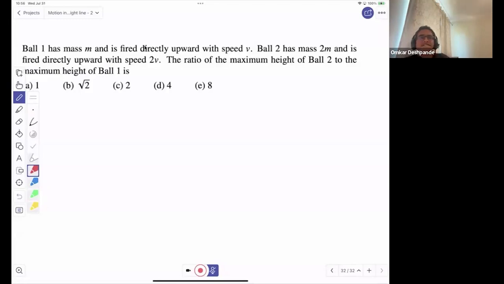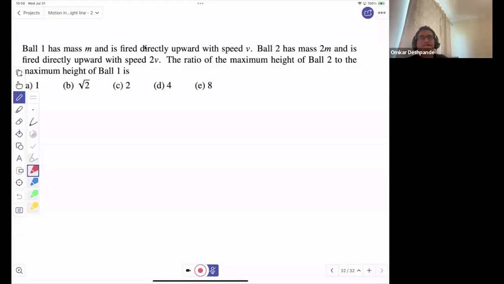We have two masses, two different masses that are fired directly upward. The first mass is fired upward with speed v. Second ball is fired upward with speed 2v.